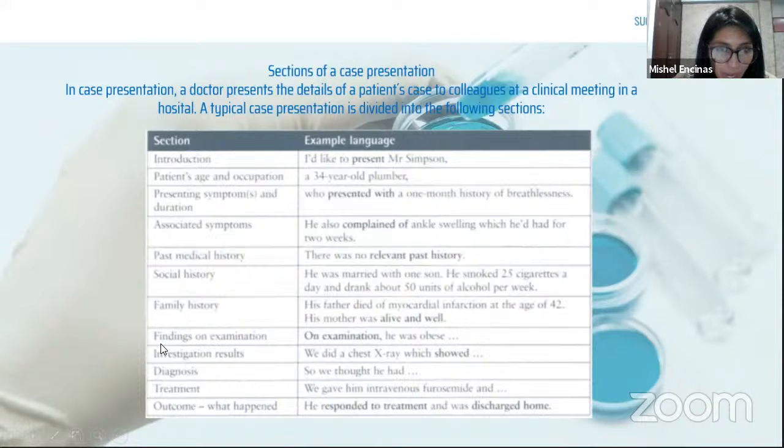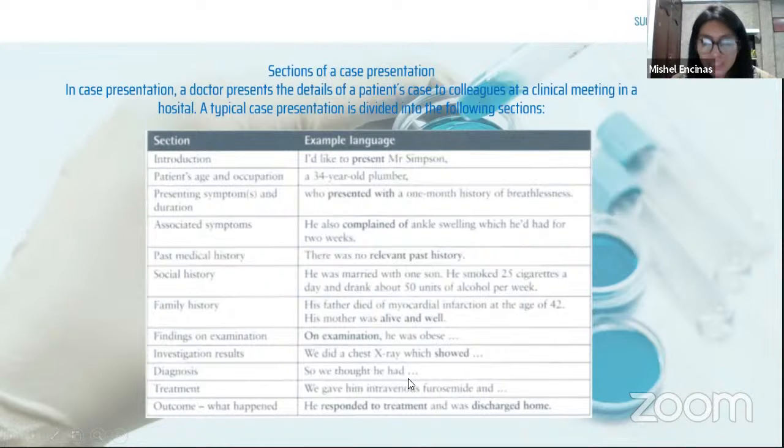Continuing with, we have findings and examinations. On examination, he was obese, and of course, you add the things he has. Investigation results. We did a chest X-ray, which showed us that he has this. Okay, then the diagnosis.